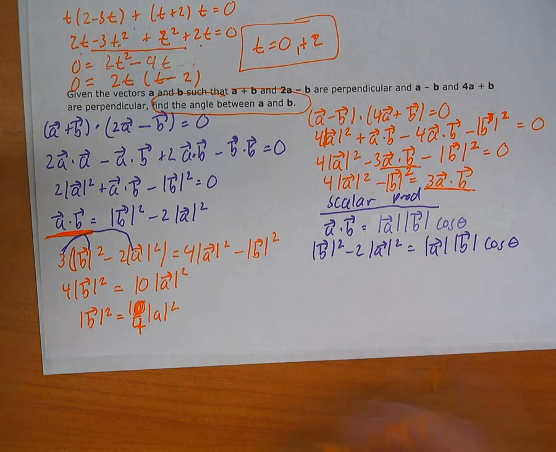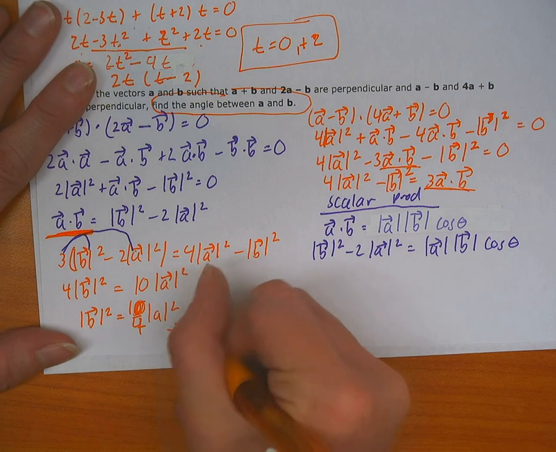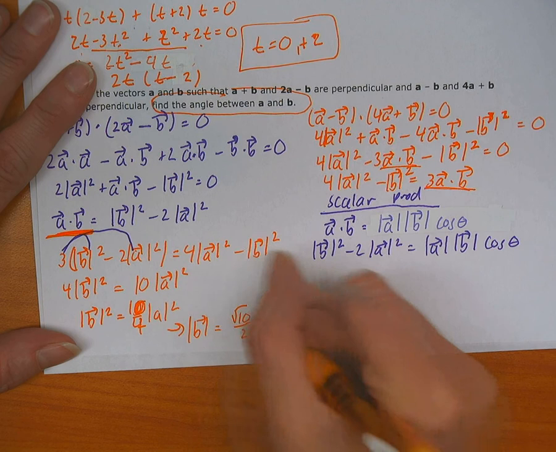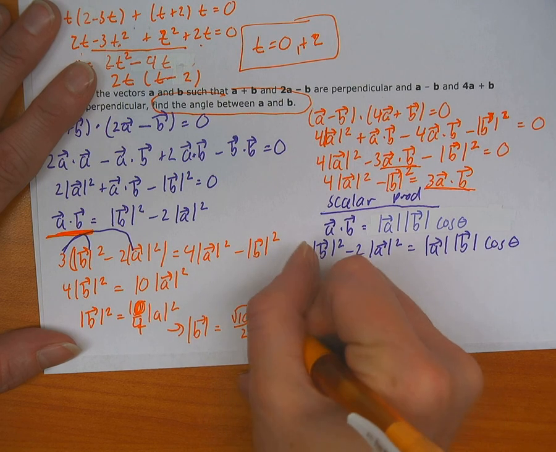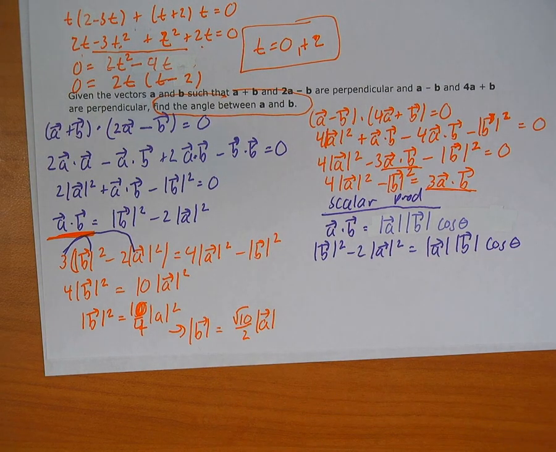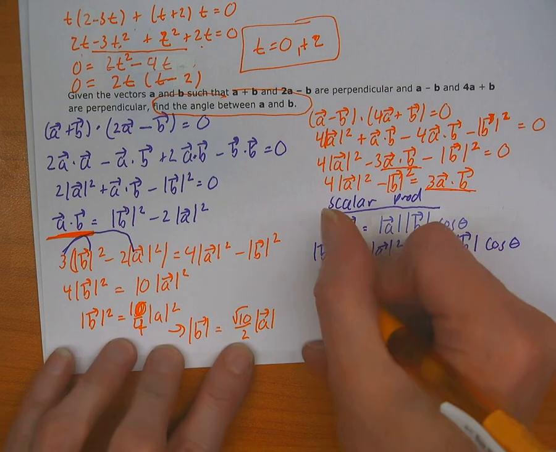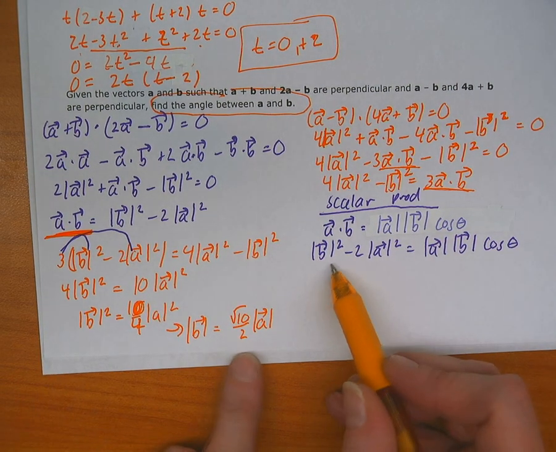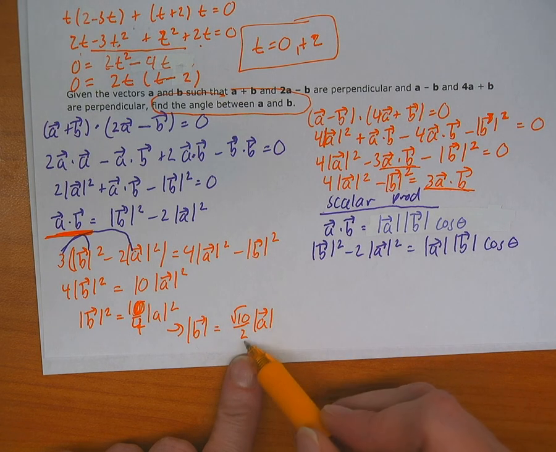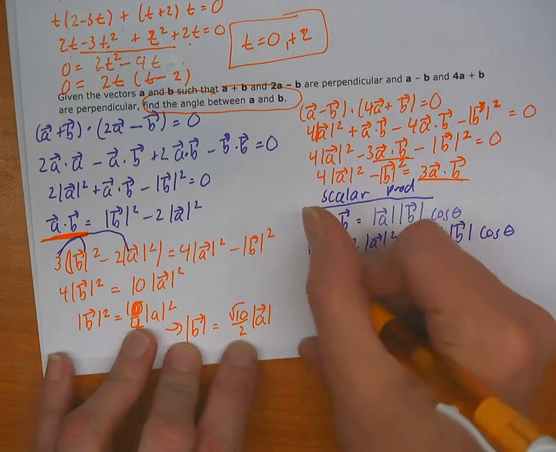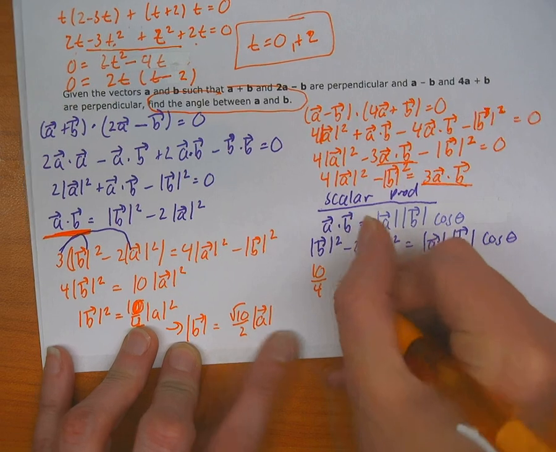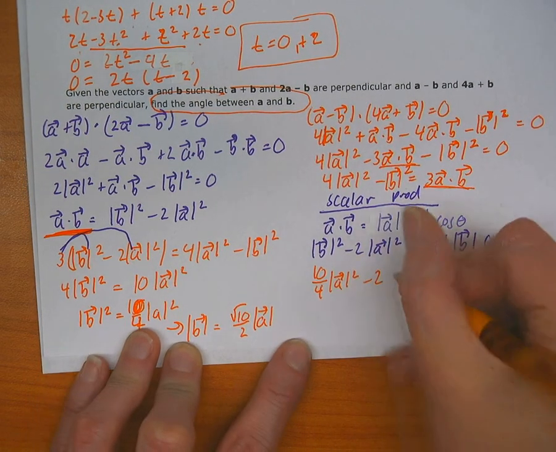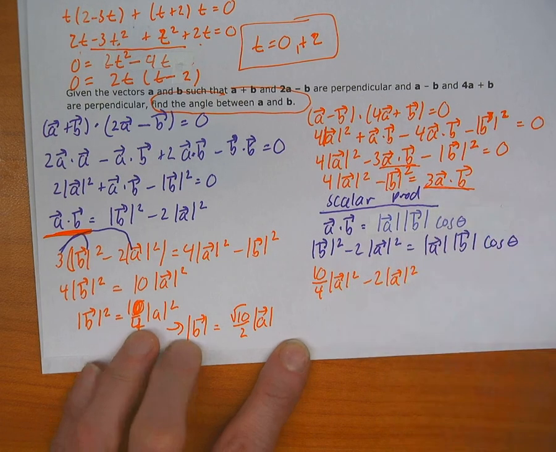Because then if I square root that, I'll get rad 10 over 2 magnitude of vector A. Okay, if I plug that in here now, I'll get rad 10 over 2 squared. So that'll turn them back into 10 fourths magnitude of A squared minus 2 magnitude of A squared.